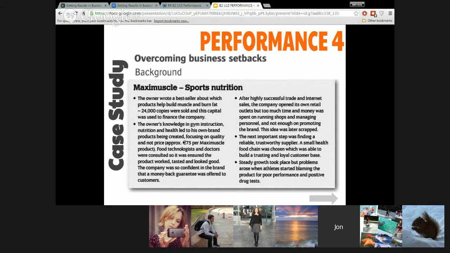Approximately €75 per Maximuscle product. Food technologists and doctors were consulted, so it was ensured that the product worked, tasted, and looked good. The company was so confident in the brand that a money back guarantee was offered to customers.